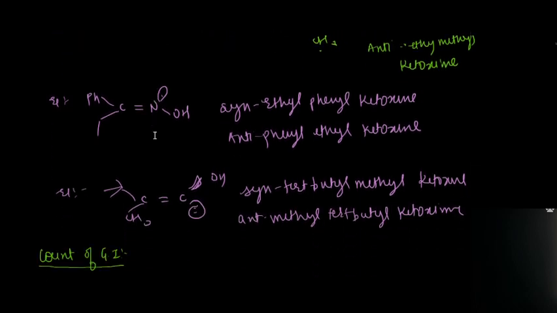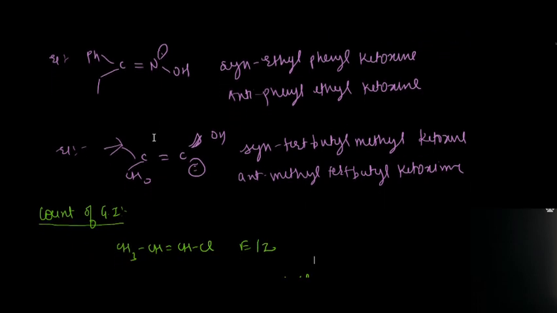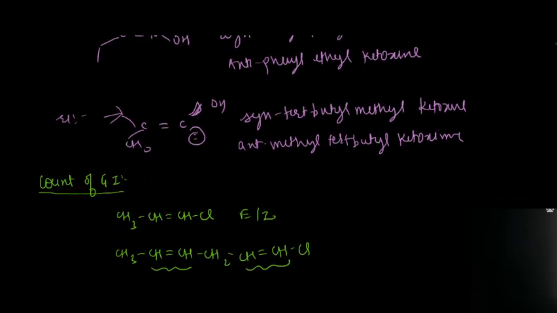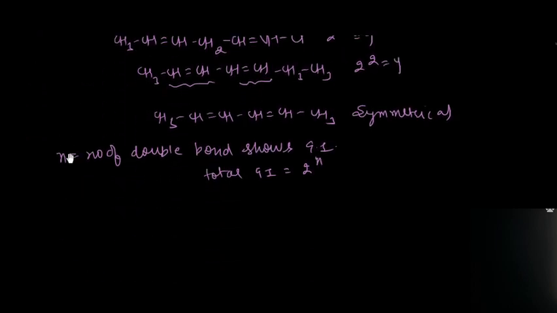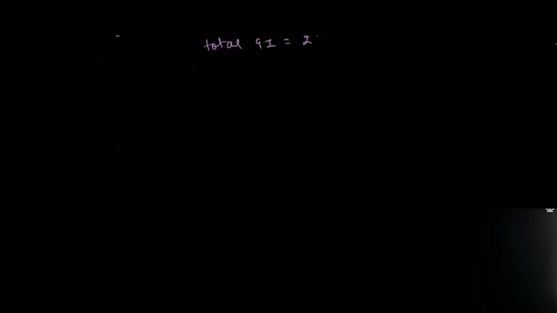Let's say if we take the example: CH3, CH double bond CH, CH double bond CH, then CH double bond CH and CN.